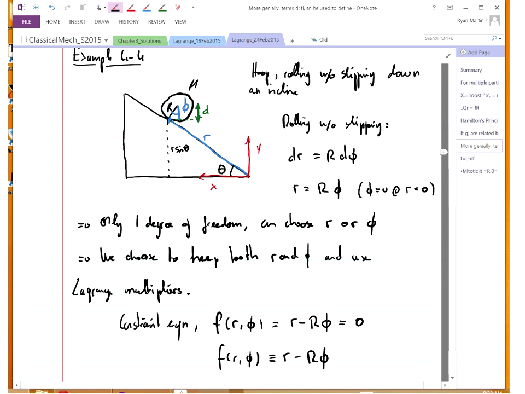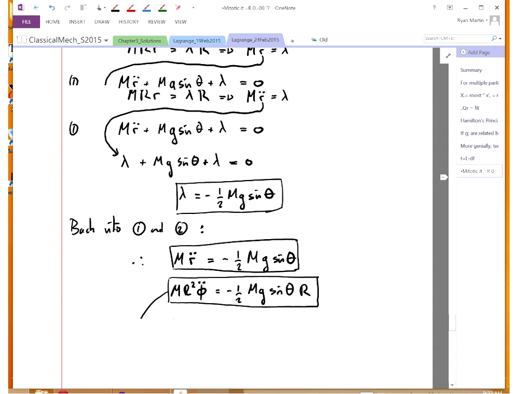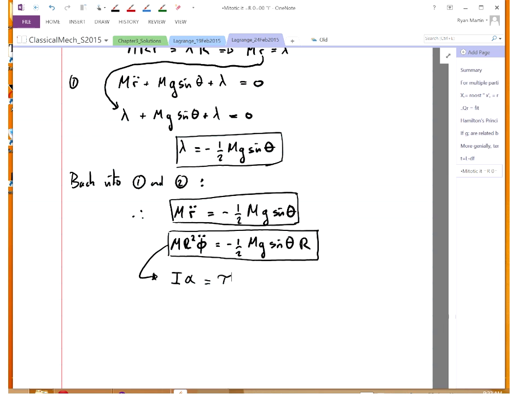The hoop turns because there's a force of friction at the point of contact, and that's a complicated balance of forces. So we completely ignored that, and we ultimately find out that yes, there is a torque on the hoop coming from a force, and that force is a half m g sine theta. There's a torque times r, it's negative, and that gives the angular acceleration times the moment of inertia.